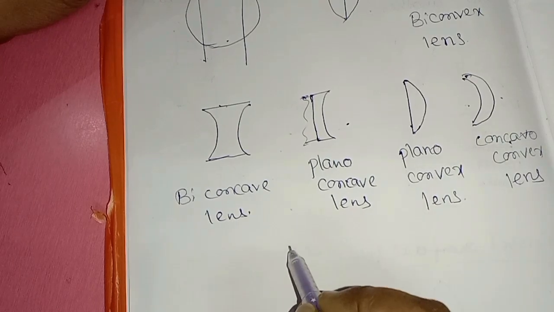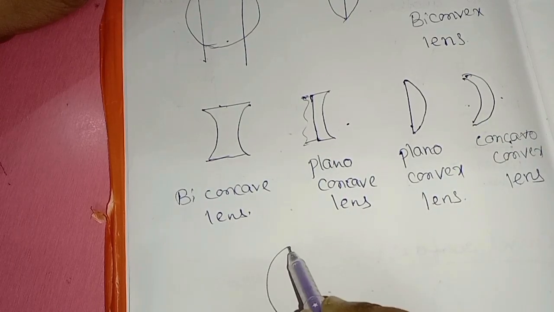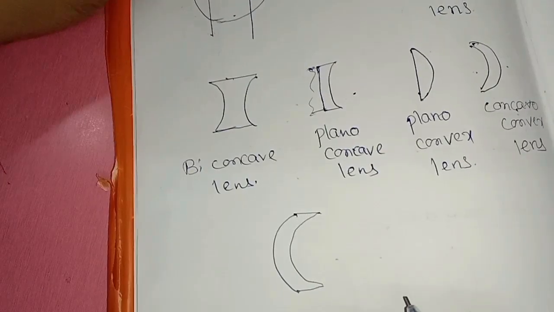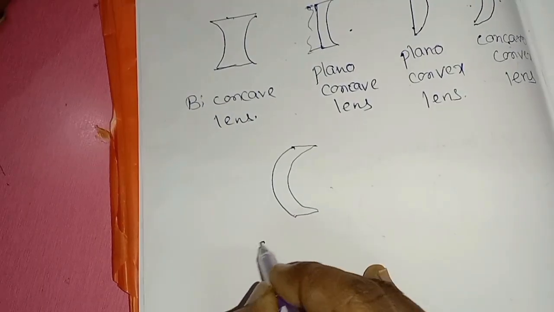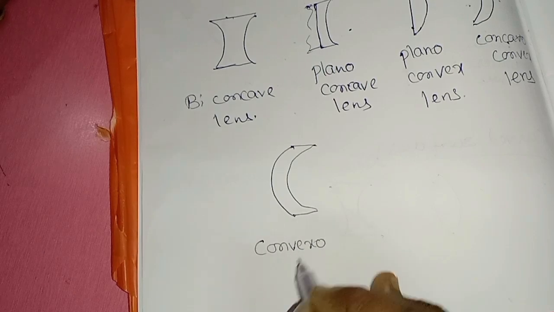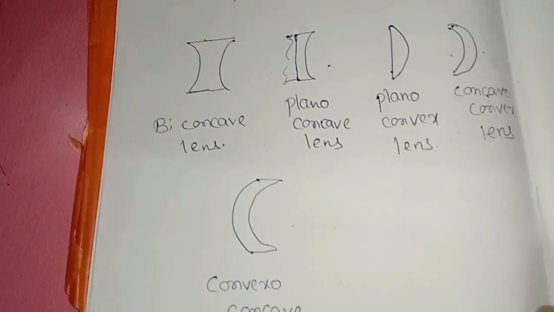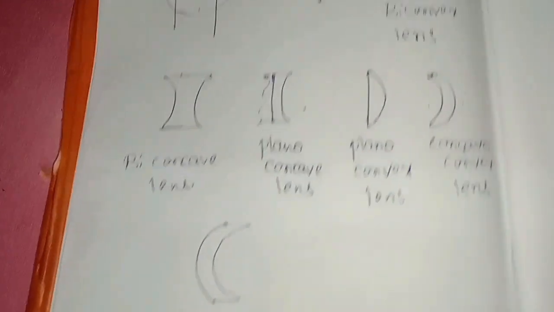Suppose you have a bulged surface on the left side and a curved side inside, it is convexo concave. Convexo concave, right?